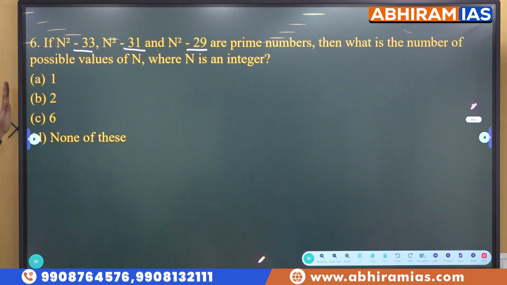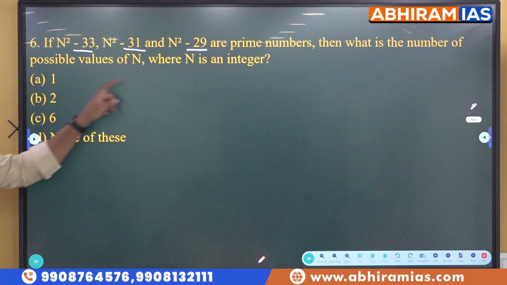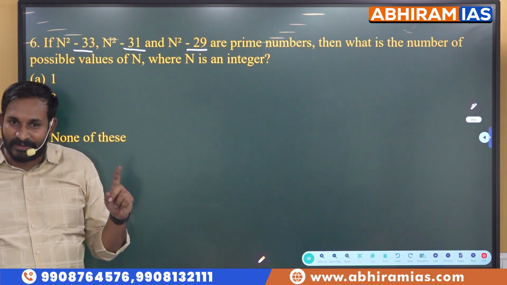Now tell me what is the answer here? 6? That is wrong. Read the question carefully. They didn't ask what is the value of n. They asked how many possible values of n are there. 1? That is also wrong. Why? Here they said integer. Integer means both plus and minus values.